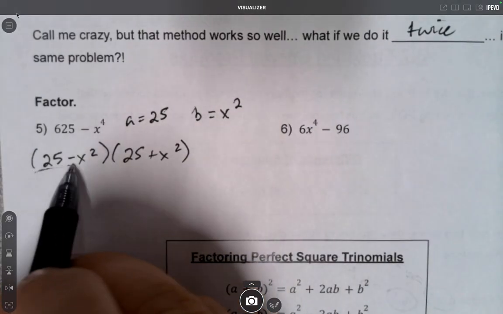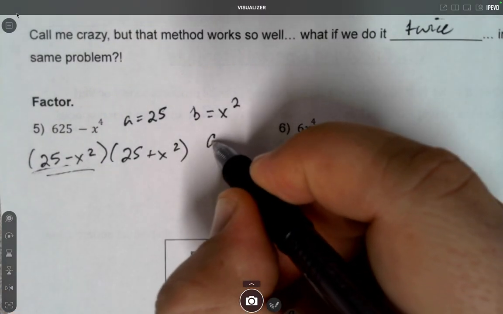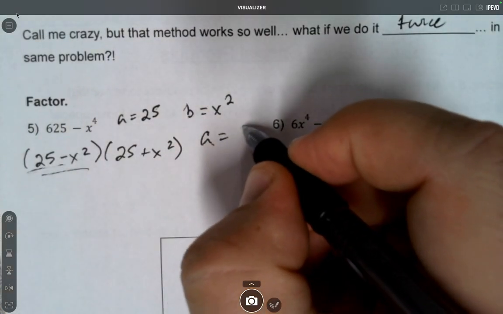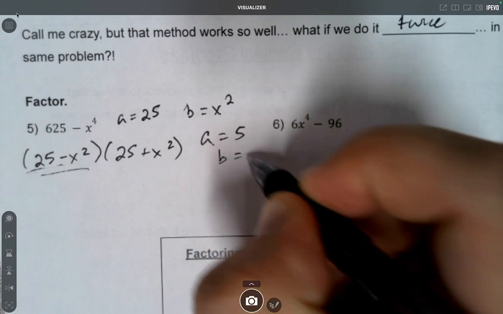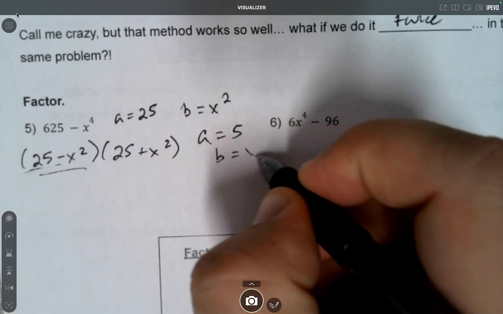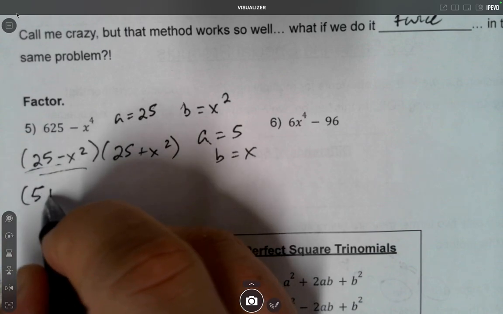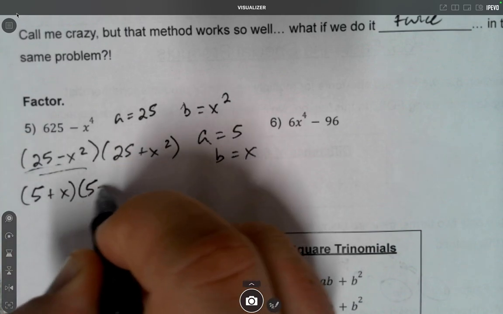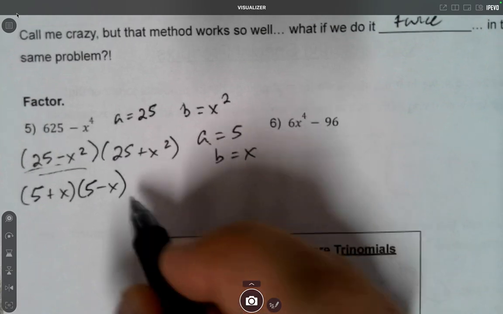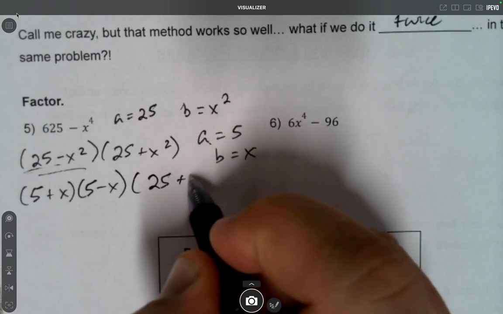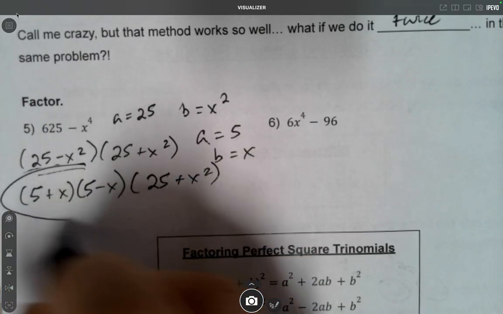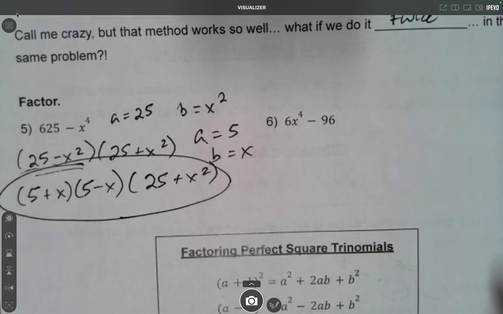So focusing just on this one, our a is the square root of 25, which is 5. Our b is the square root of x squared, which is x. So this term we can separate further and make it 5 plus x, 5 minus x. This term we cannot separate further, so we just leave it as is, 25 plus x squared.